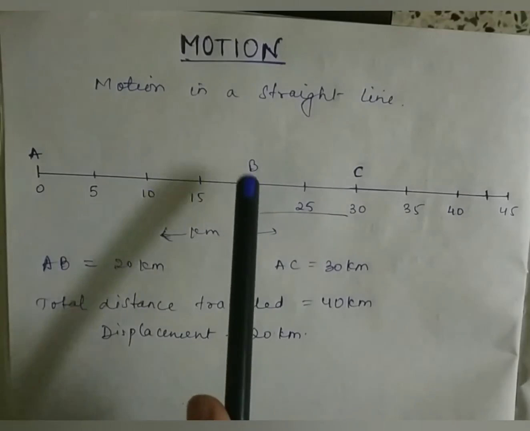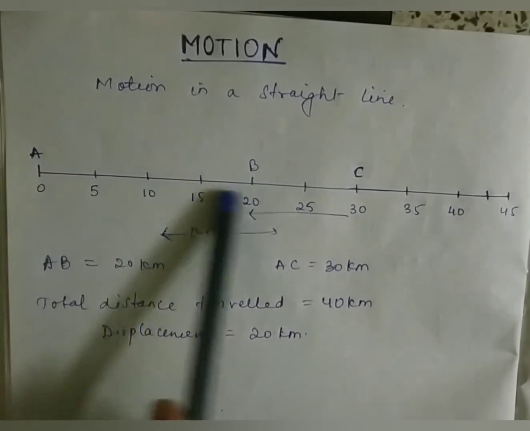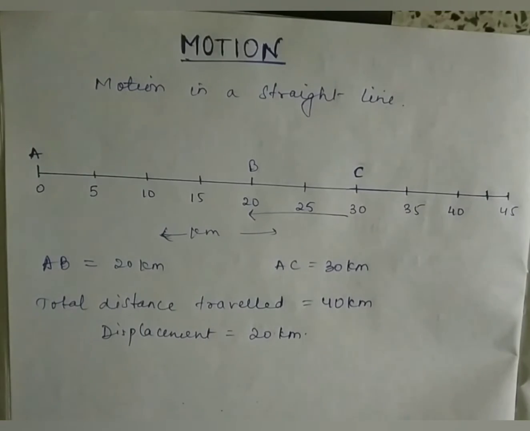But the displacement you had is only 20 kilometers, because when we are talking about displacement, we just see the starting position and the final position. We are not concerned about how you have reached the final position. What just matters is what your final position is, what your initial position is, and what the shortest distance between them is.